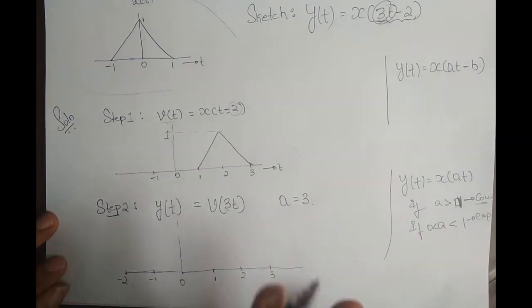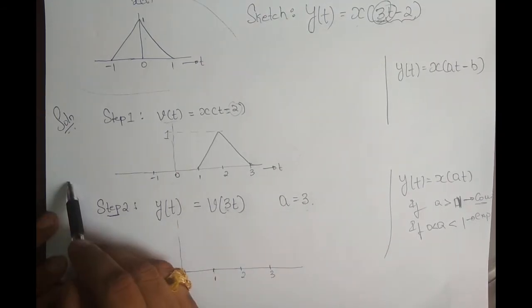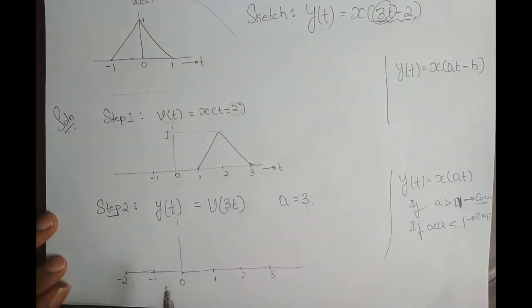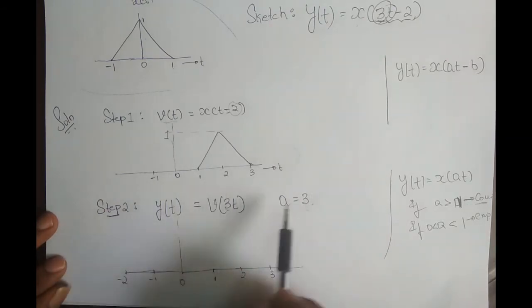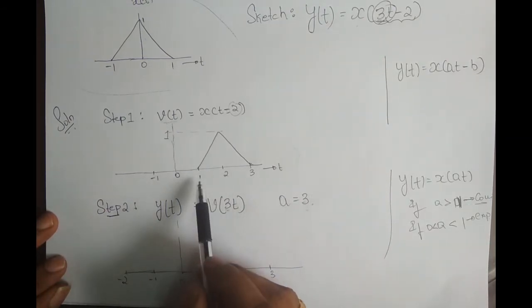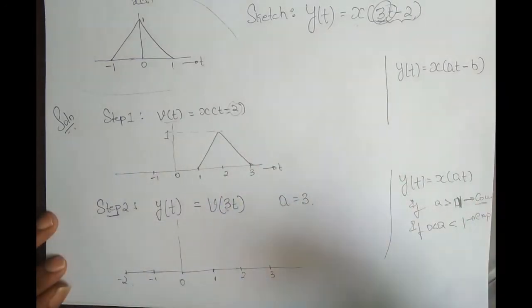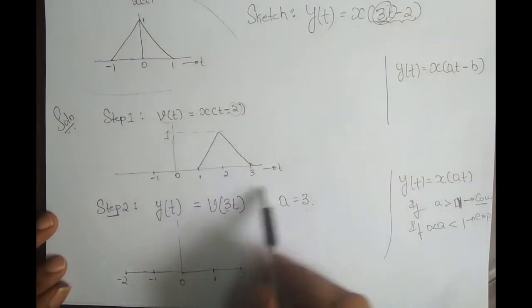This is what we discussed on the time scaling operation. You take the inverse of a and multiply it everywhere on the independent variable. Multiplying makes sense between 1 and 3, because for other values of t the signal is completely 0, so it does not matter. So I concentrate on 1 to 3.